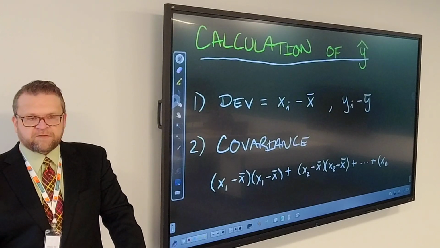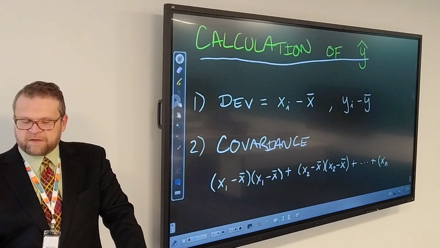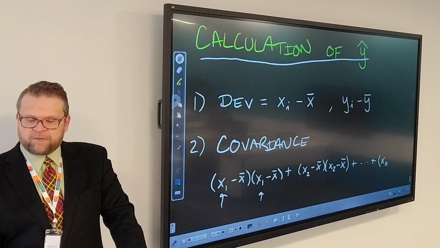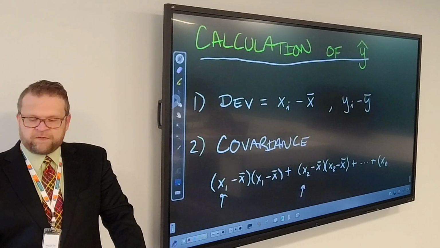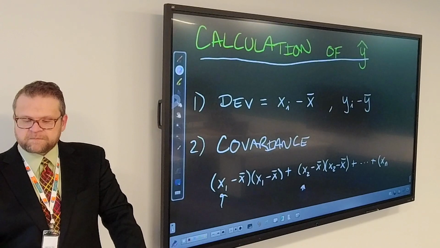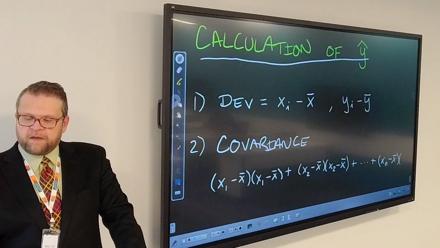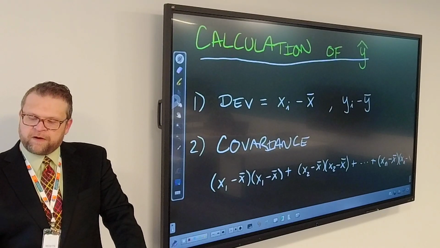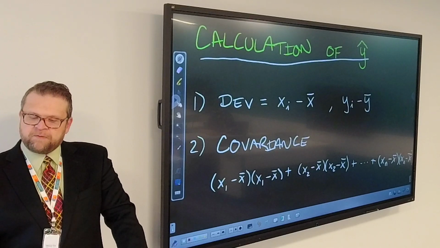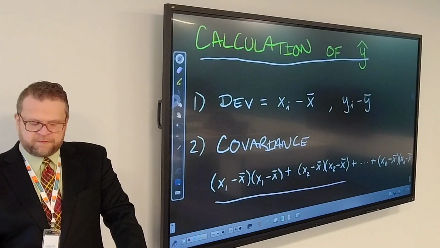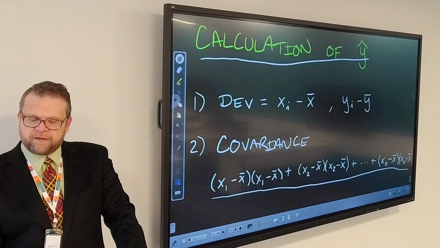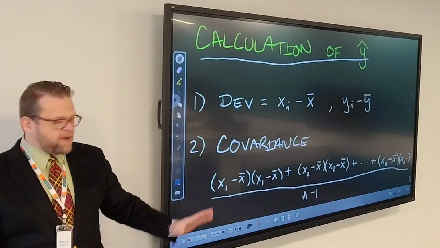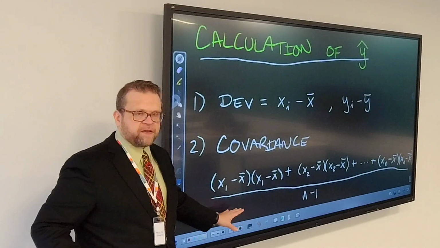That's why that's a little n, because you have n many things in your data set. This was the first one, this is the second one, and then that's the nth one. And since each one of these is squared, I'd be ready to do my variance if only I would divide by n minus 1. Now that right there is the variance of x.